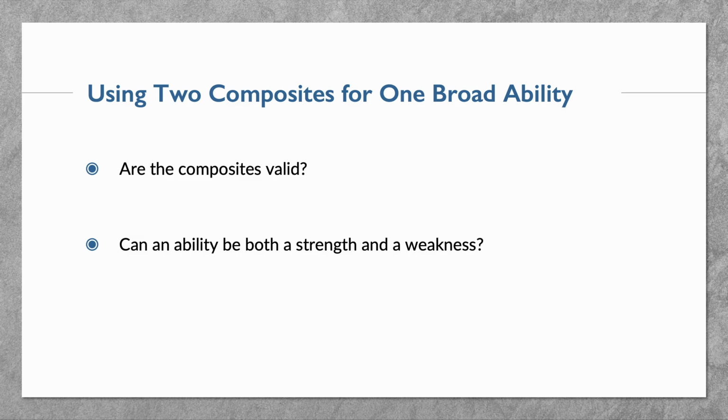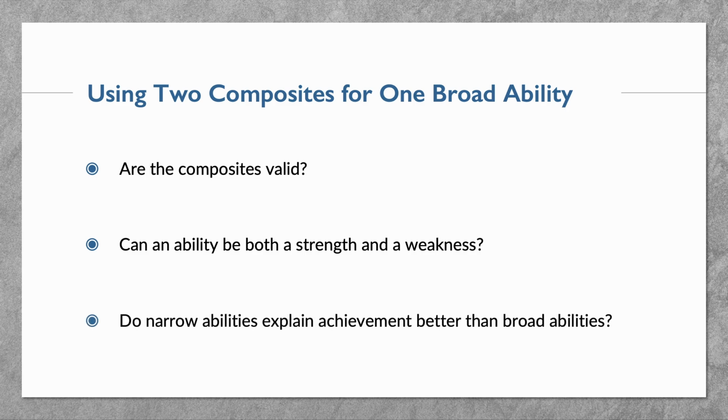So I think what we're really doing here, without saying it, is choosing not to measure GF at all and to substitute measures of the narrow abilities instead. So then the question becomes, do narrow abilities explain achievement better than broad abilities? Now, sometimes the answer is yes.